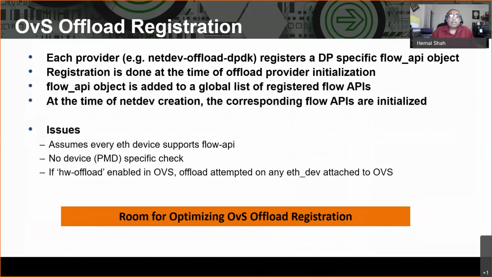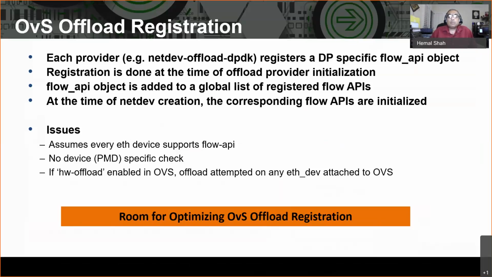The second one here is on the OvS offload registration. The registration model we have today is that each provider registers with a data path specific flow API object. This registration is done during the offload provider initialization, and those API objects are added to a global list of APIs. It's a simple registration model, but there are some inherent problems with this.